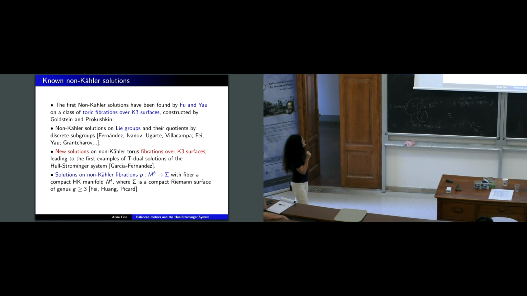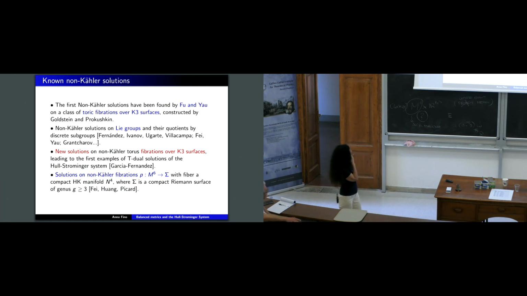And then there are also constructions coming from Lie groups. One construction, the first one, was shown by Marisa Fernandez, Stefano Ivanov, Luis Ugarte, and Raquel Villacampa. And that was in a simple case like taking the Heisenberg nilmanifold of dimension 5 times S1.